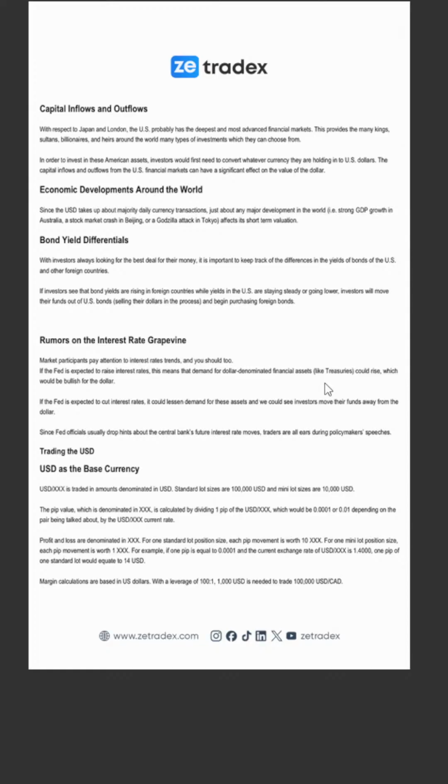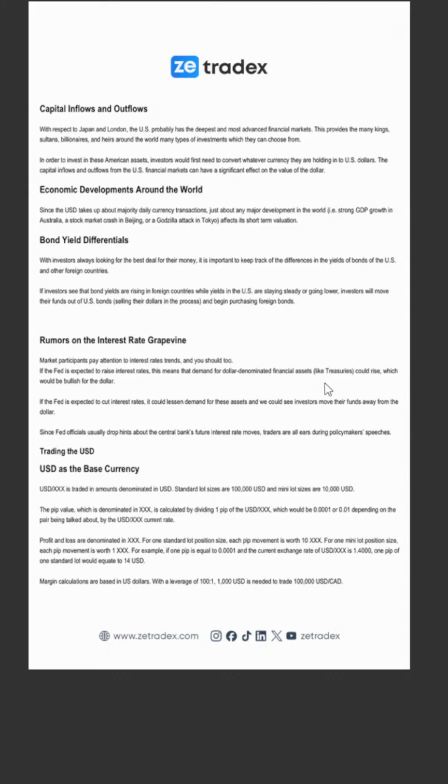Let's take, for instance, the USD/CHF's current rate. Profit and loss are denominated in CHF, and for one standard lot position, each pip movement is worth about 10 CHF, while for one mini lot position, each pip movement is worth 1 CHF.